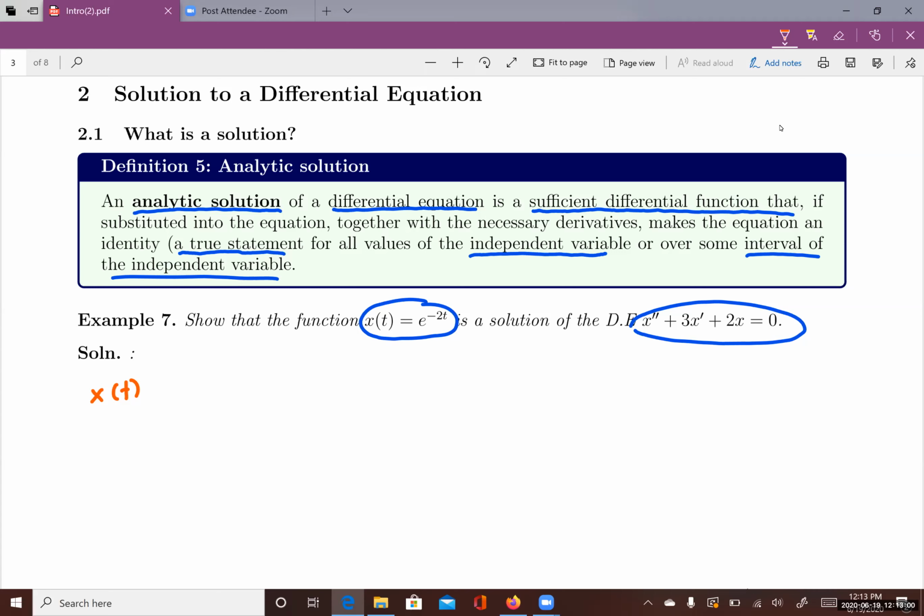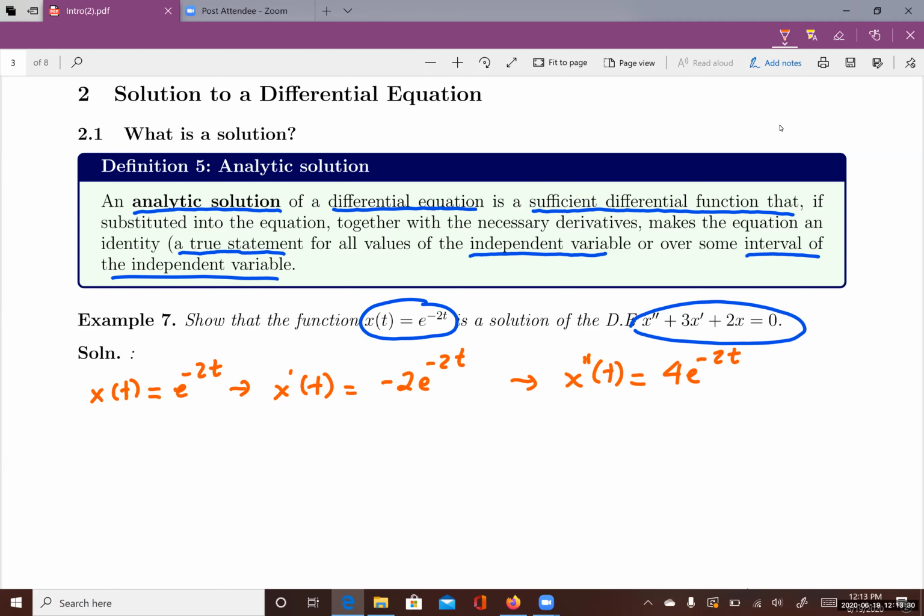In this differential equation, I have x prime and x double prime, so I need to find x prime of t. Well, x prime of t is -2 e to the -2t. And I also need to find x double prime of t, which equals 4 e to the -2t.